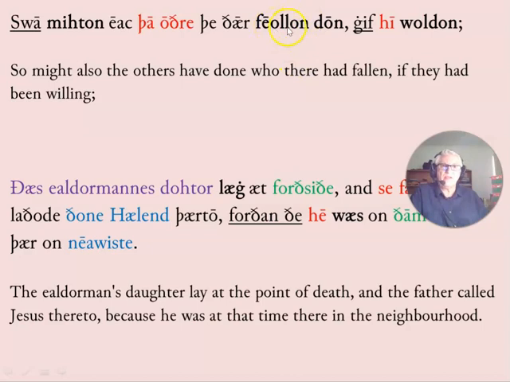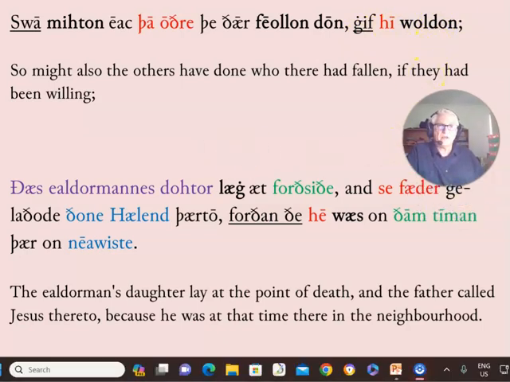You might have expected. Actually, now I think about it, don here is also the past participle. Sorry, my fault. It's not the infinitive, but that's the past participle. But that's also conjugated as well when you might have expected it to be the infinitive. And then if he woldon, if is a subordinating conjunction, and he woldon, verbs go to the end for subordinating conjunctions. Let's have a look at another example now.